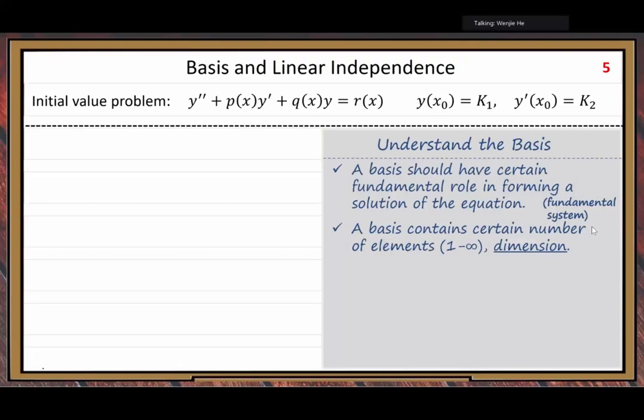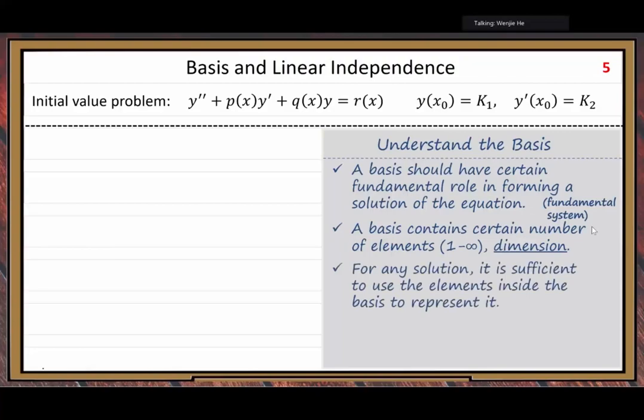Dimension. If your basis has two functions, we call it dimension 2. Three basis functions, dimension 3, and so on. For any solution, it is sufficient to use the elements inside the basis to represent it as a linear combination.